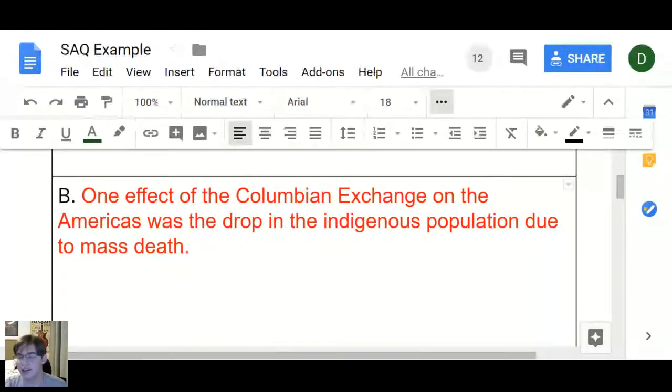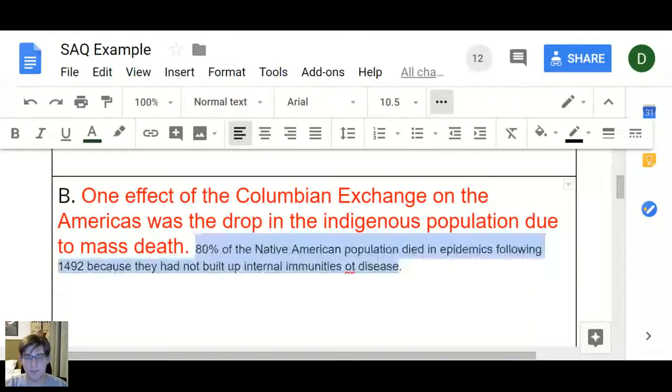The flu, they had syphilis. Yep, Europeans brought over diseases such as smallpox and measles. So here's our answer, and then we can just add on some specific evidence onto our answer.